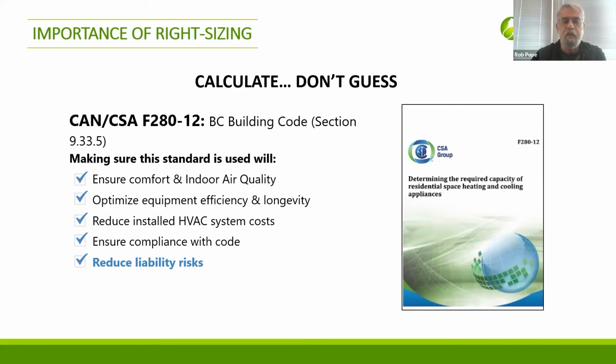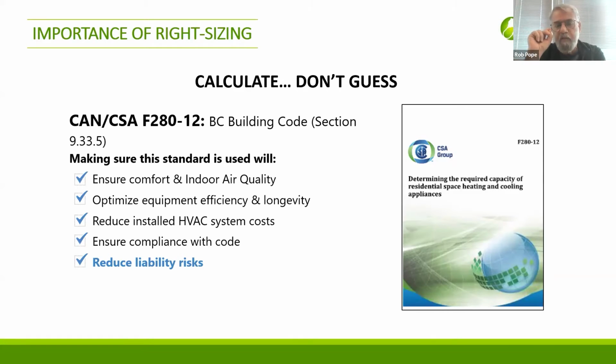It's also ensuring compliance with the code. The code is actually already there. And it's happened where there have been issues, homeowners have hired lawyers, and then warranty providers get involved and so on. Ultimately, it is the builder's responsibility to ensure the building is built to code.